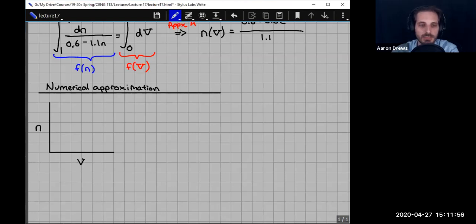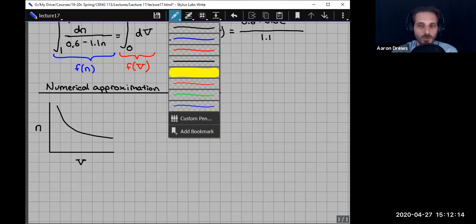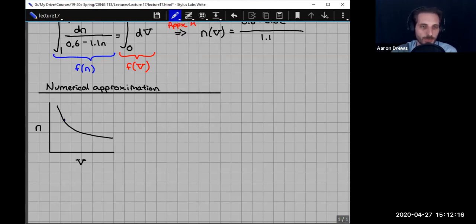Let's say that we did somehow know, yes, we do a lot of great approximations. Say somehow the function n of v existed. That's a pretty good guess that the function n of v will exist. And we wanted to know what the value of the slope is of n of v between this point and this point, right?